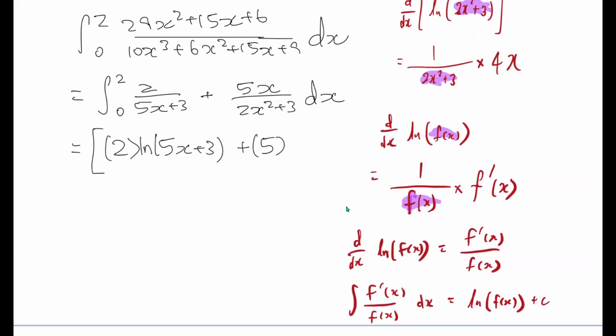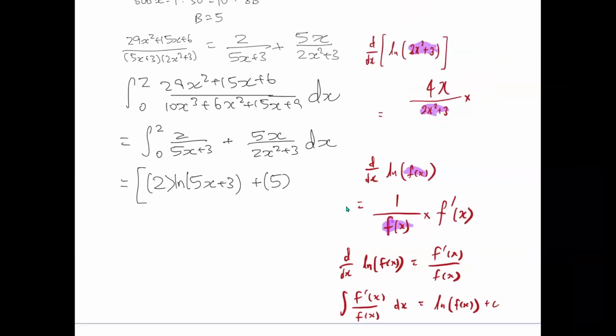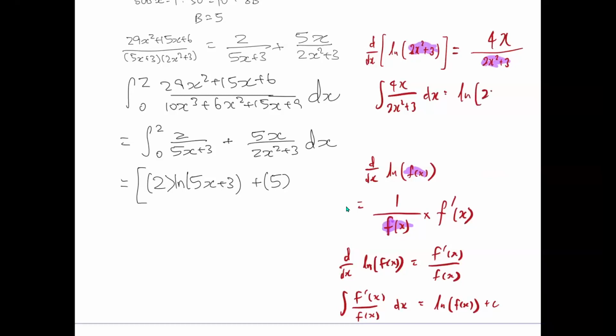So it's basically the same idea with an actual example. If this equals 4x over 2x squared plus 3, that means the integral of 4x over 2x squared plus 3 dx gives you ln of 2x squared plus 3, plus c.